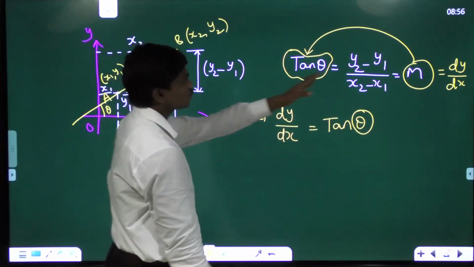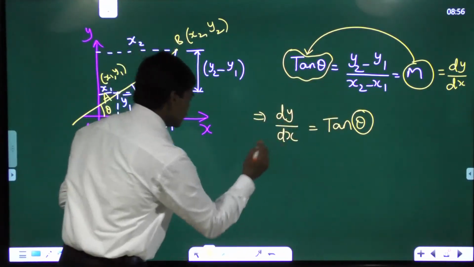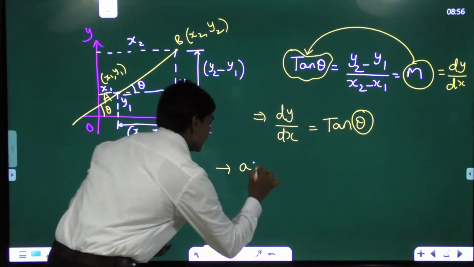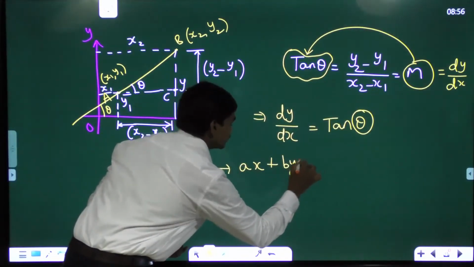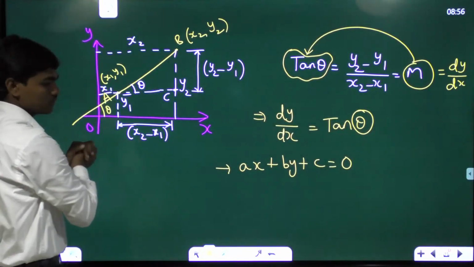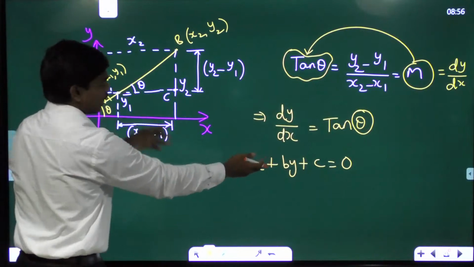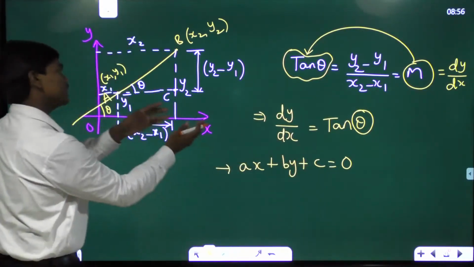Now, when slope is tan theta, which is basically dy by dx, now if I write the equation ax plus by plus c is equal to 0, which could look something like this. Ax plus by plus c is equal to 0 is the equation of a line.